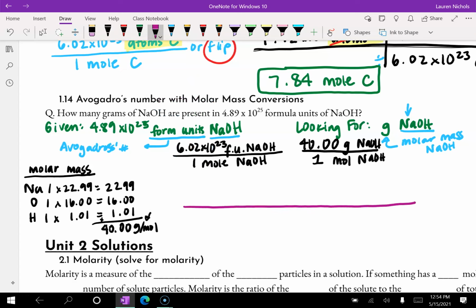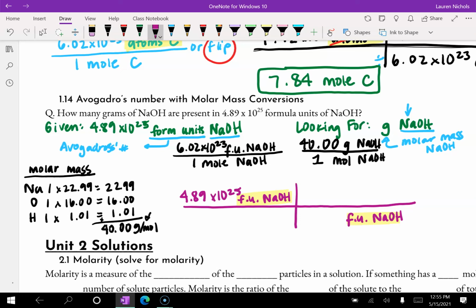So when we set up our t-chart, we put what's given to us here: 4.89 times 10 to the 25 formula units of NaOH. And we know that whatever unit and chemical we have here also has to go at the bottom. So I'm going to need formula units of NaOH at the bottom.